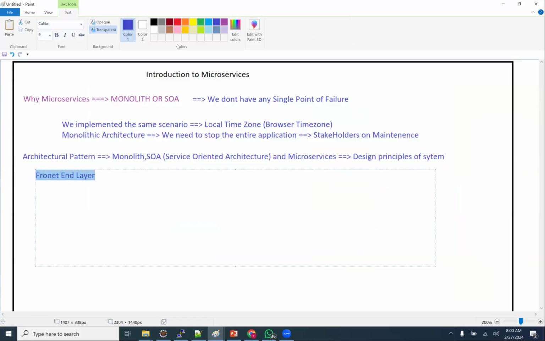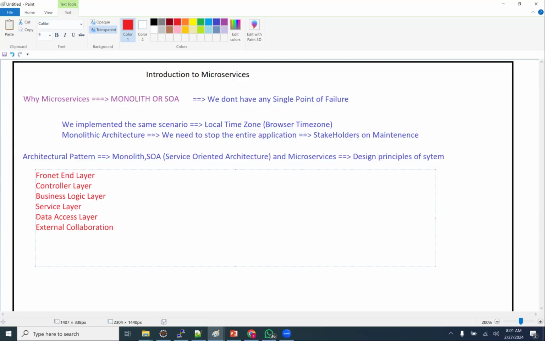I'm not talking about any technology over here, guys. Front end layer, controller layer, business logic layer, services layer, data access layer, any external system invocation layer, or I can say external collaboration, something like that.